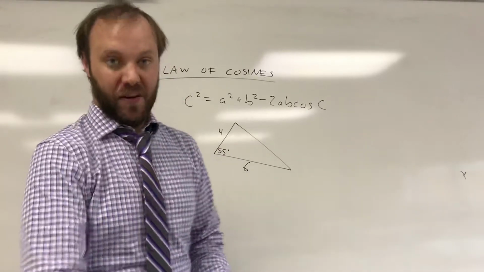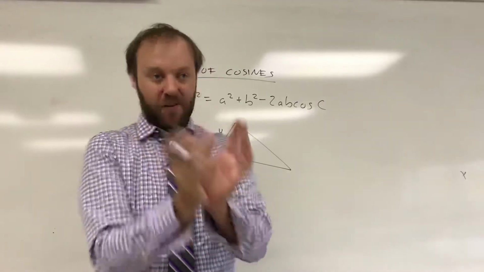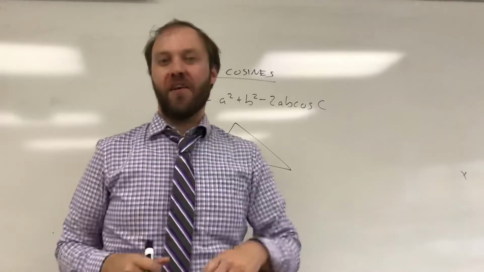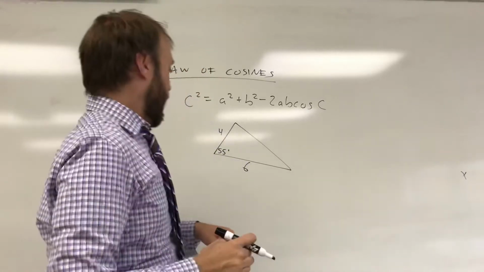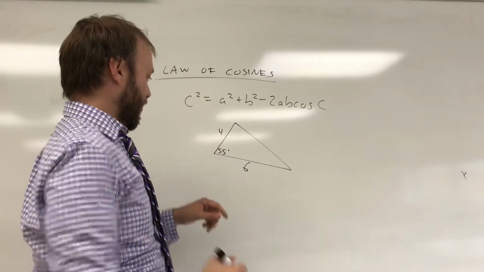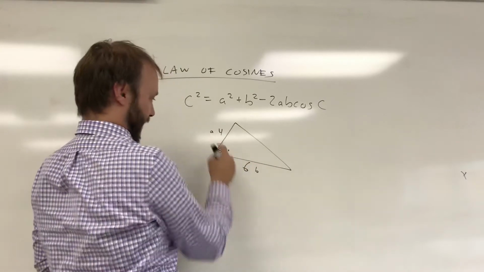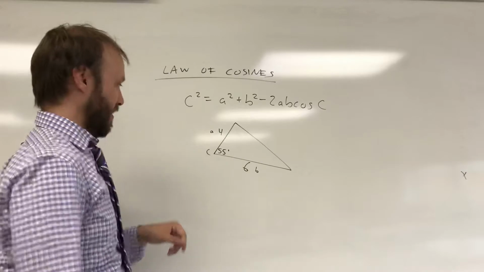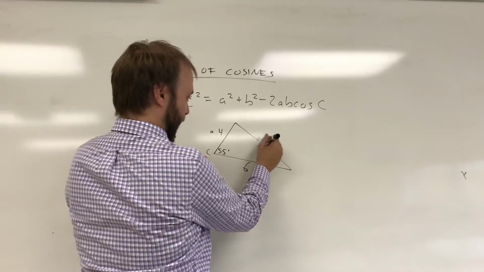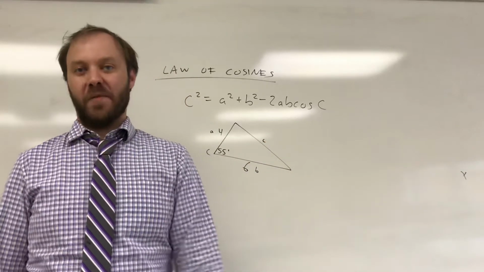Okay, so again, if you have two sides that are forming an angle, this is a situation that the law of cosines will address. All right, so usually your A and B sides are your two sides that are forming your angle. Your C angle is that, okay? So side C would be opposite angle C, and we can kind of label it that way.